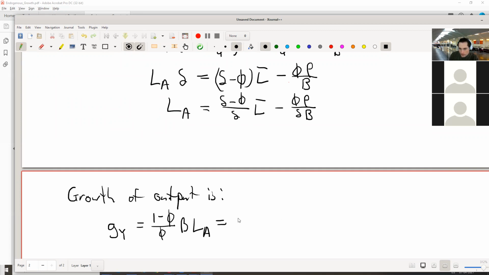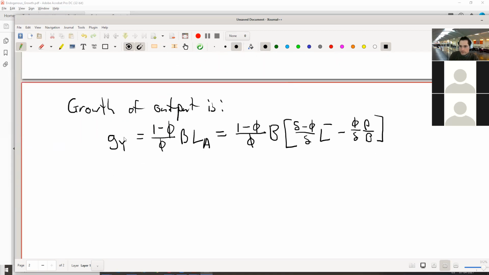Okay, so we're going to get, let's see here, 1 minus phi divided by phi times B, and then delta minus phi divided by delta, L bar minus phi divided by delta, rho divided by B. All right, how can we make this look simpler?